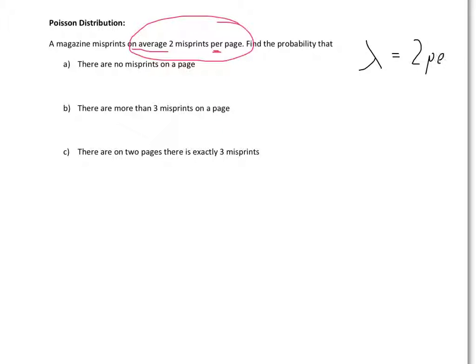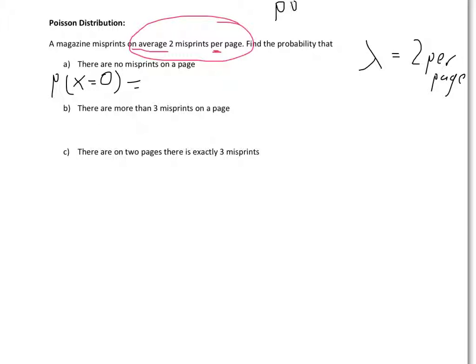And in this case, it's 2 misprints per page. So if we're asking to find the probability that there are no misprints, well, that's the probability that there are none. Probability x equals 0. So we're going to put into our calculator, or into the formula, you're welcome to use the formula, the probability that x equals 0.